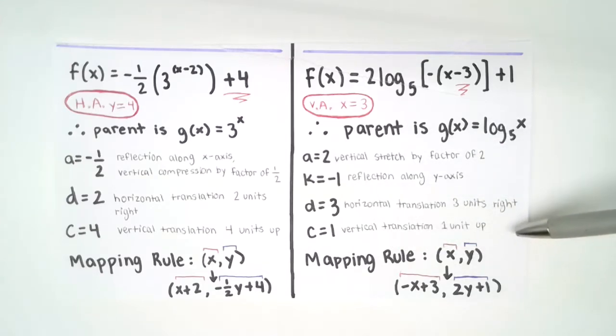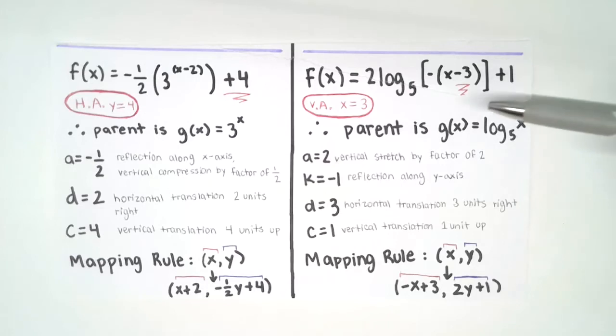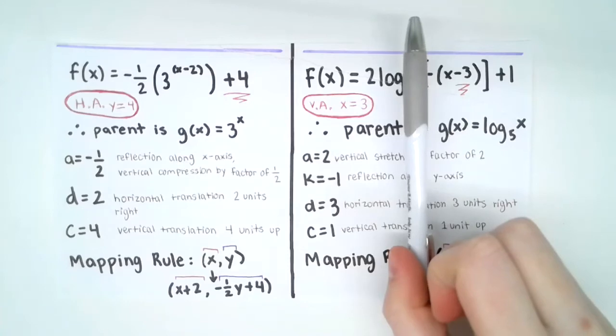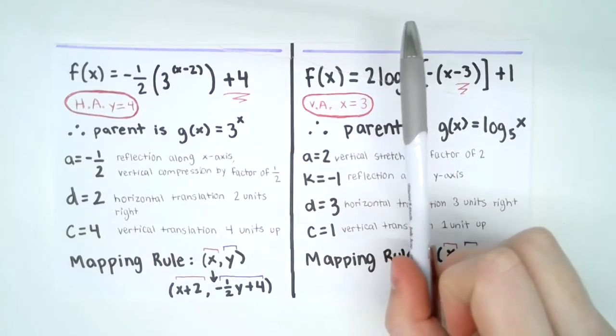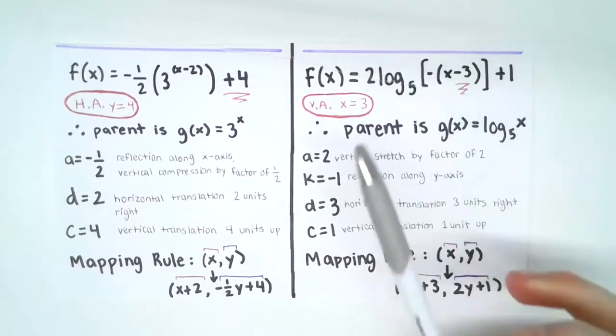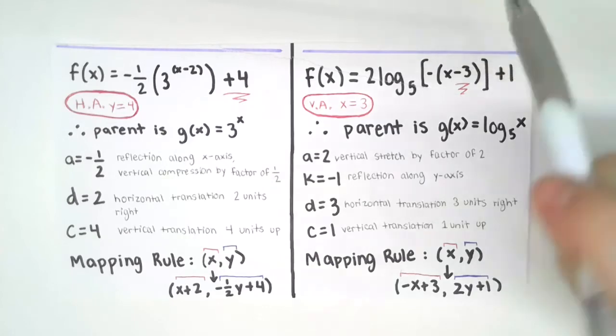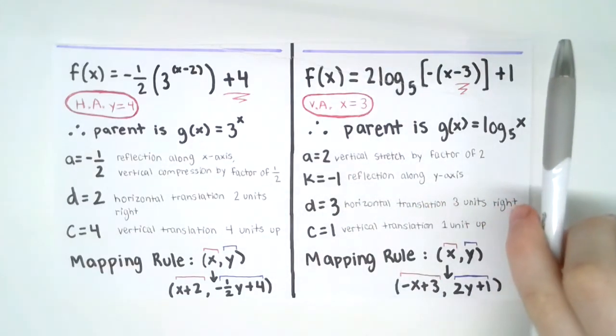Now, the important value in this example is the d value. The reason is because in the example of the standard parent basic logarithmic functions, we saw that there was a vertical asymptote along the line x equals 0, right? So because there was a horizontal translation, 3 units, right?